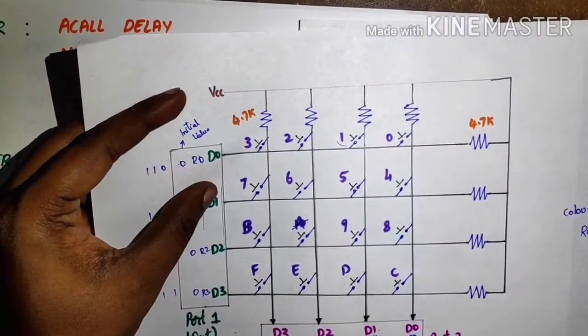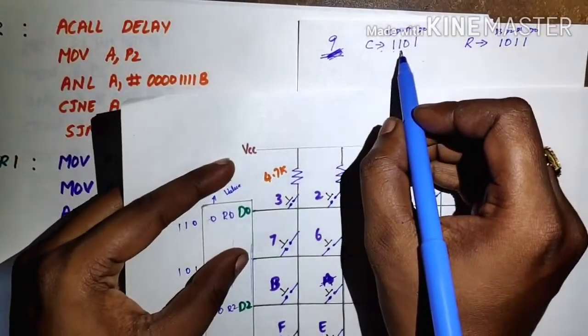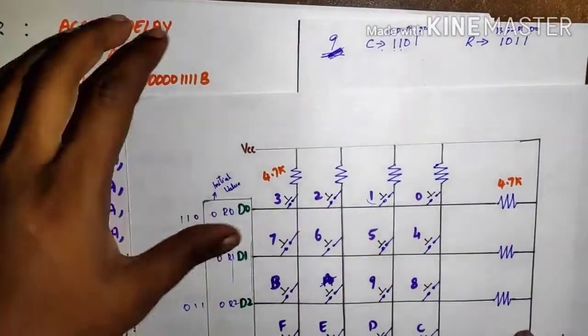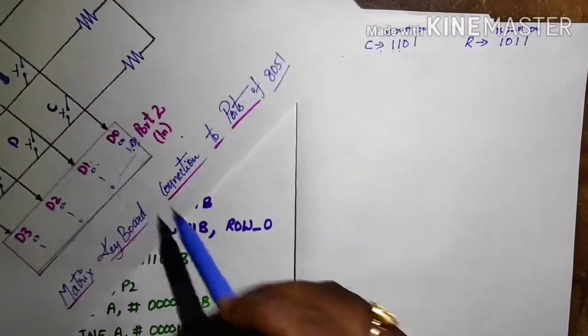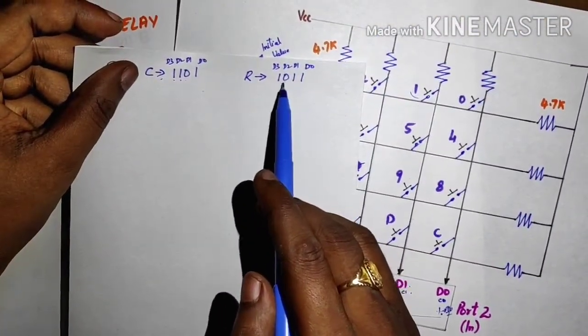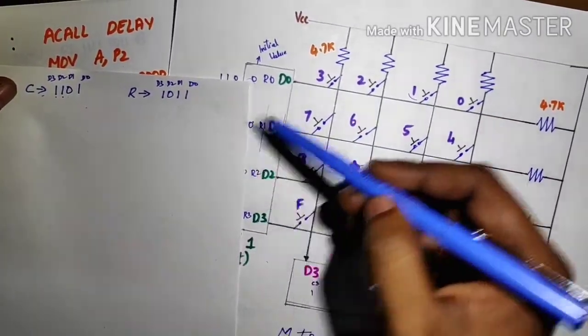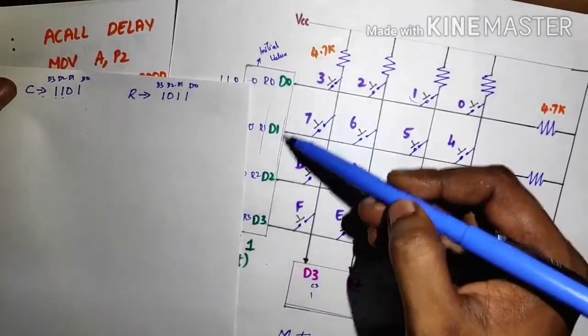If we press 9, the column values will be 1 0 1 1. So the row will be 1 1 0 1, D0 to D3.